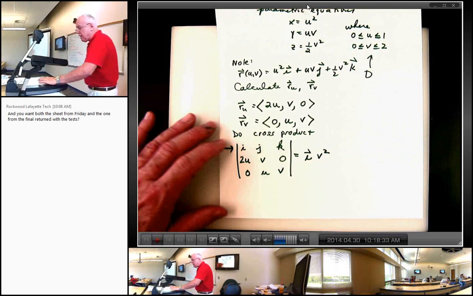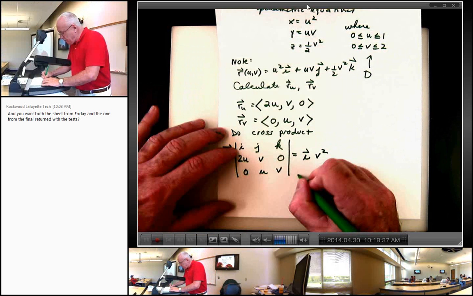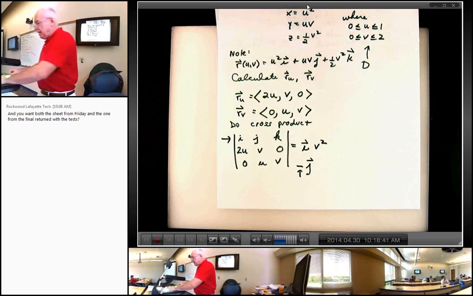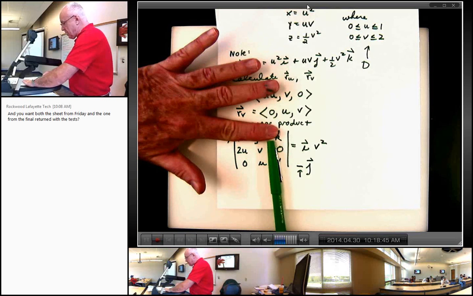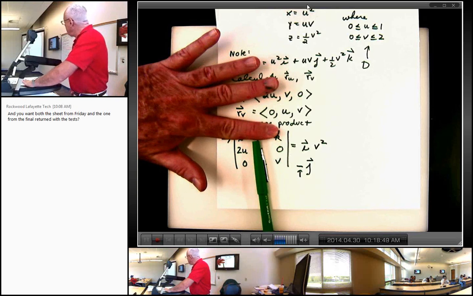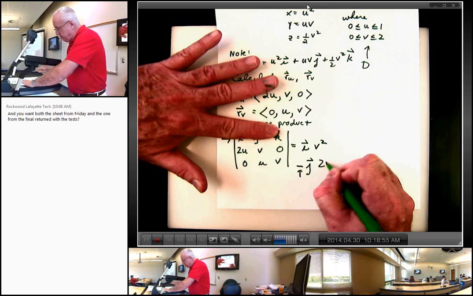Then we go to our second component in the first row, and please remember we put a minus sign in front of the j. Now we cross out the first row, but now the second column, and get the determinant of what's left, and that's going to be 2u times v minus 0, so that's 2uv.